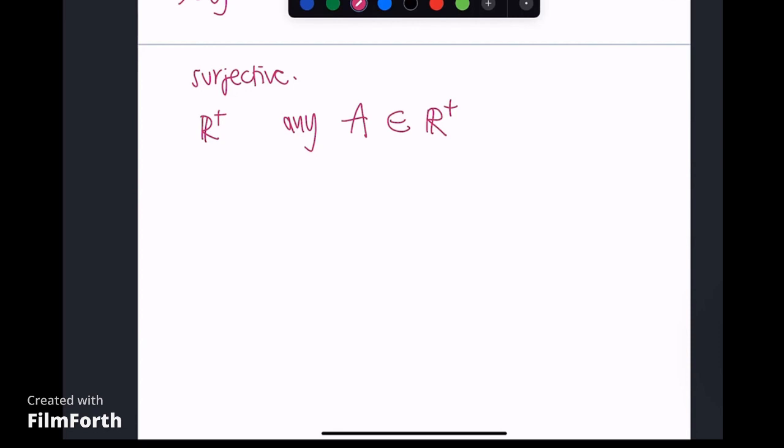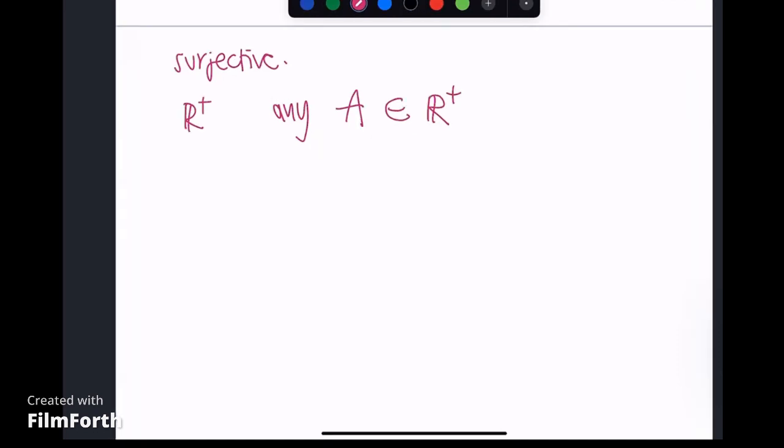How could we use this a to show that there exists an input for f that results in a as the output? Well, what we can do is we say that f(a) equals a, right?